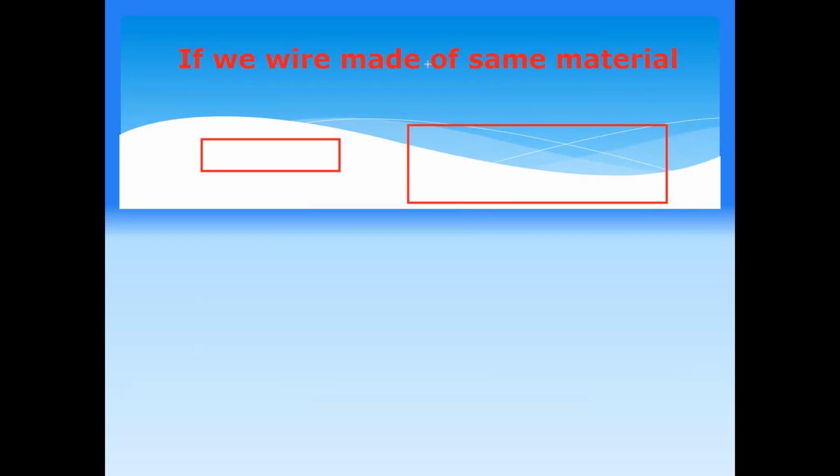For example, the area of this wire, say A1, its length is L1.